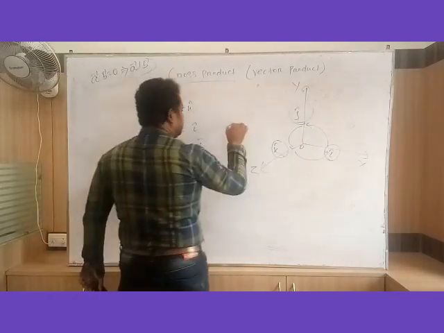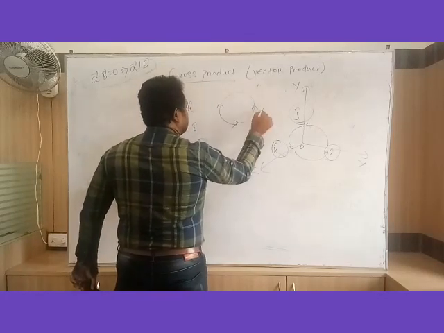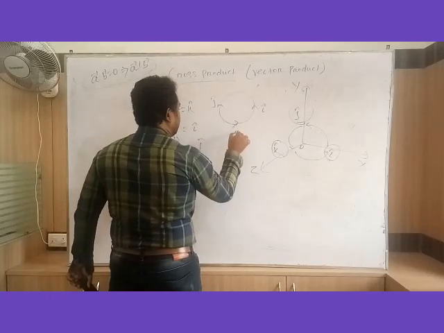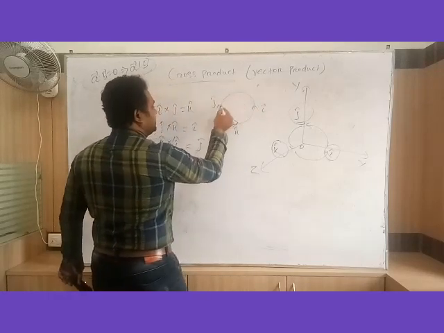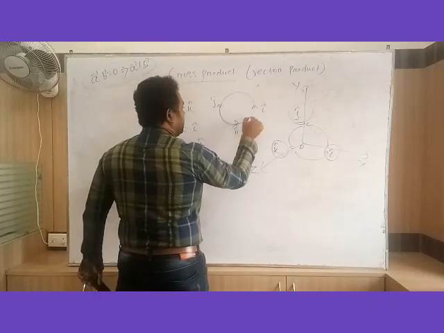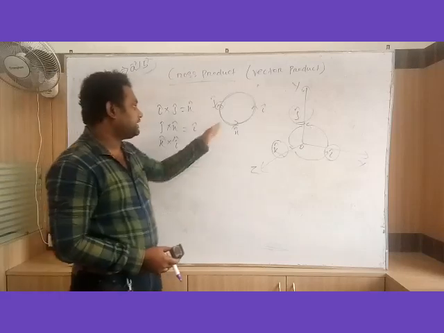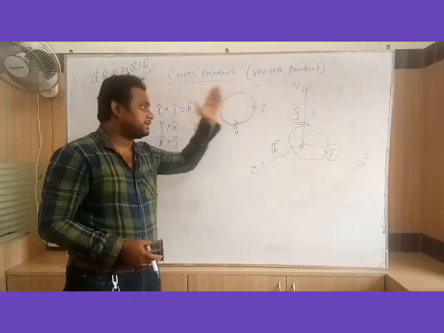So if you take it in this manner, with i cap, j cap, k cap, i cross j equals k, j cross k equals i, k cross i equals j. So we are going in the anti-clockwise direction.